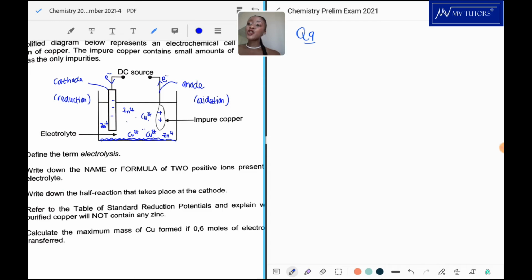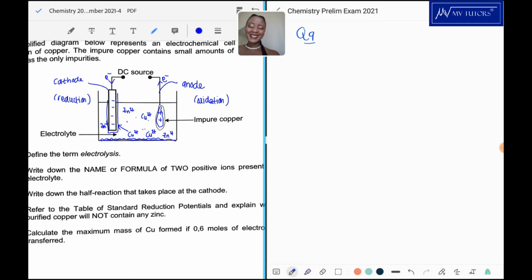What happens really is your copper 2 plus ions are going to be attracted to the cathode, and therefore as your impure copper reduces in mass, your pure copper will increase in mass, because after all, you want the pure copper. So that is pretty much what is happening over here.